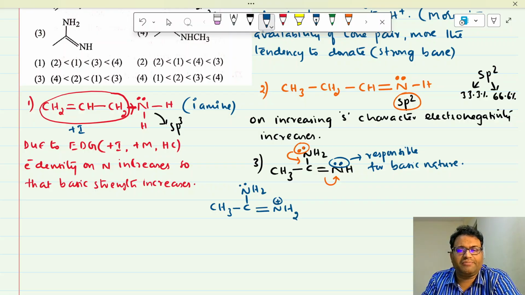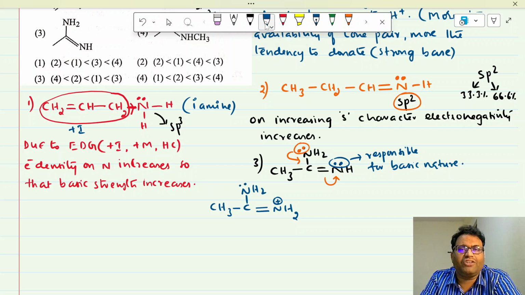When it becomes NH2 plus, now you see, you have the configuration for resonance: A, double bond B, and C. A double bond C has a lone pair. So we are finding a conjugated system.